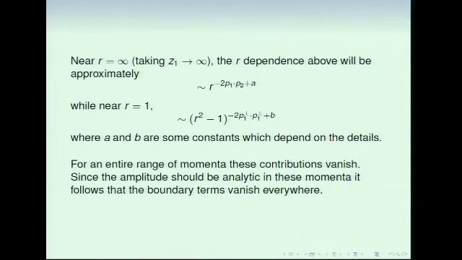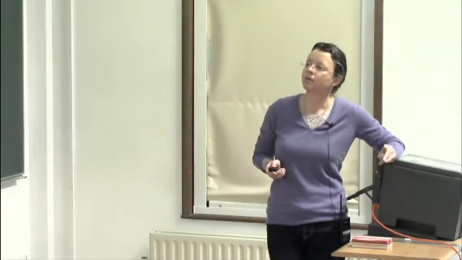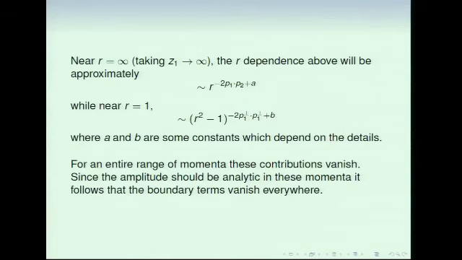And near r equal to 1, we want this object, of course, to be positive. So for any given B, we can make the exponent positive. So there's an entire range of momenta where these contributions vanish, and then we use analytic continuation to argue that this has to vanish everywhere. So this means these boundary terms have to vanish exactly, and BRST trivial states decouple.